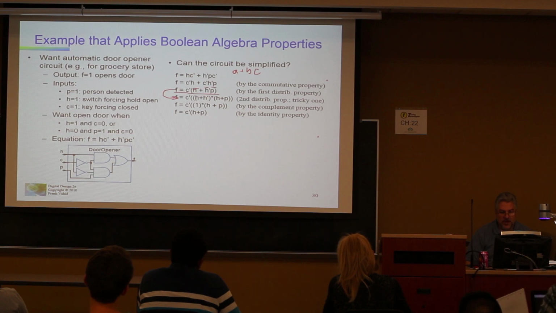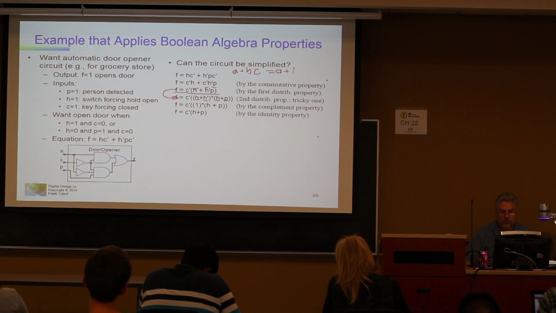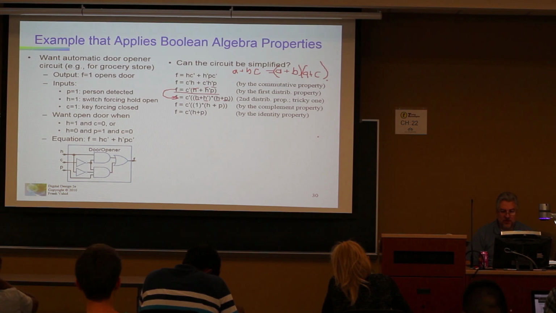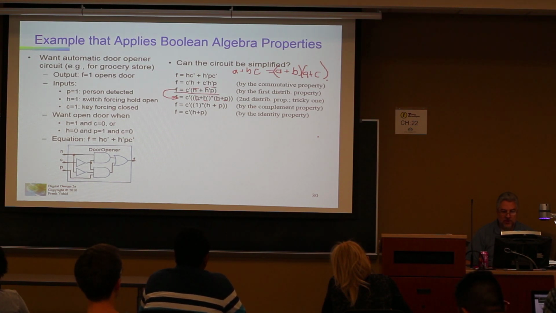So in the replacement, that's A, that's B, and that's C. So obviously, there it is. P went down to P, H prime went down to H prime, and then A was duplicated there and there. Okay, so you got that step?